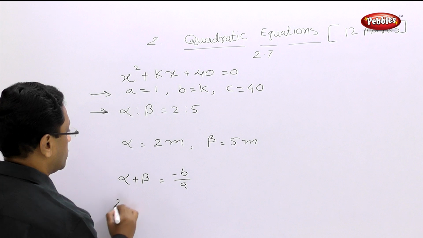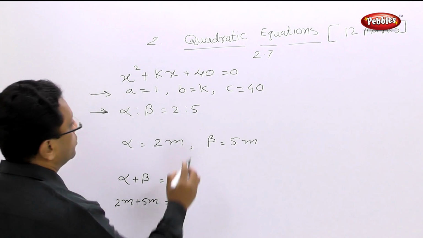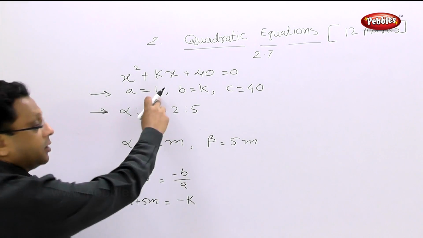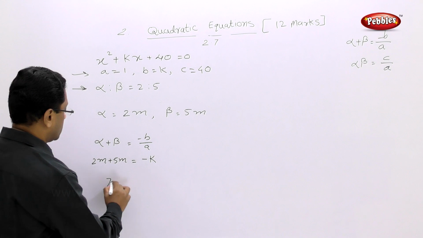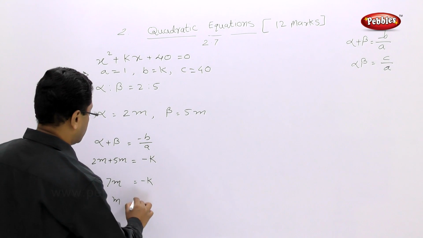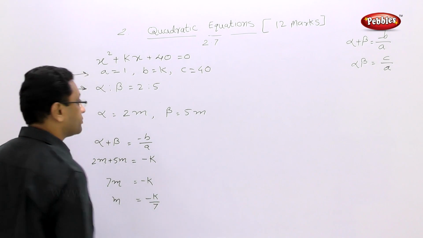So 2m plus 5m is equal to minus k, because a is 1. So we have 7m is equal to minus k, m is equal to minus k by 7.